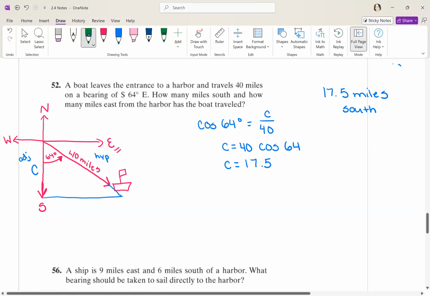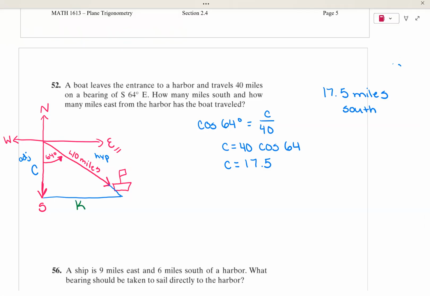So then it wants to know how far east it went. So we're talking about this line. Now this is opposite and hypotenuse. So we're going to have sine of 64 equals k over 40. So k equals 40 sine of 64.